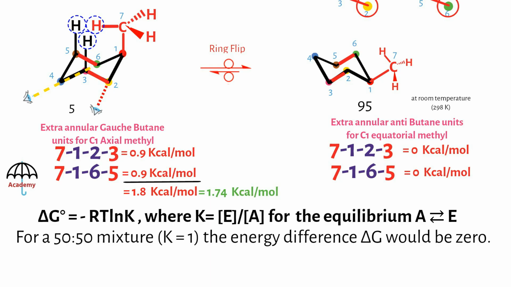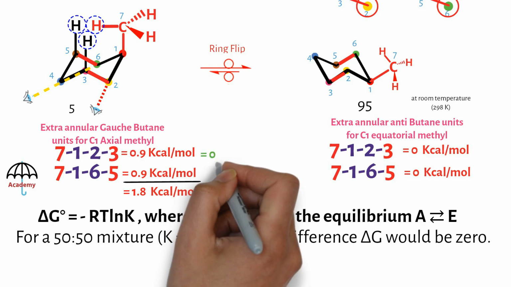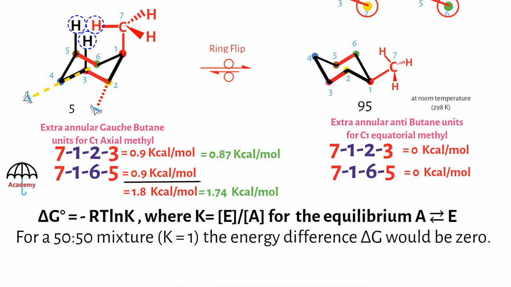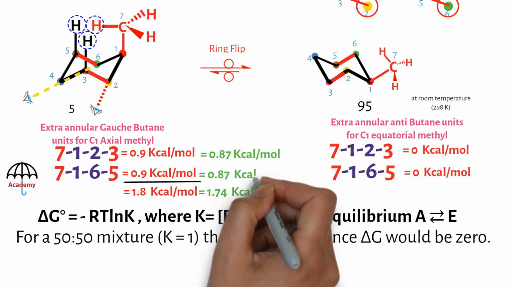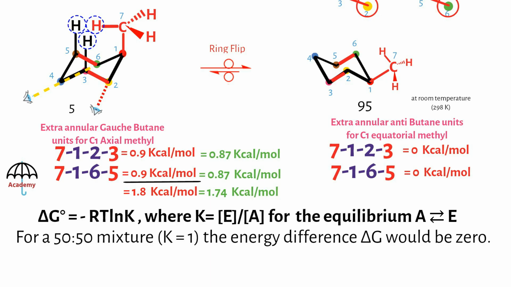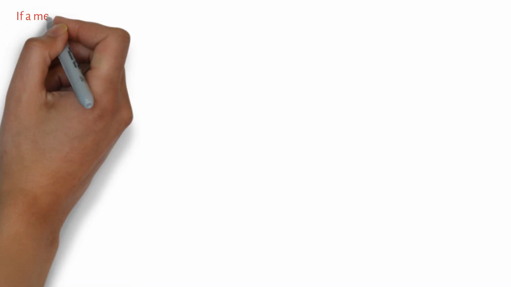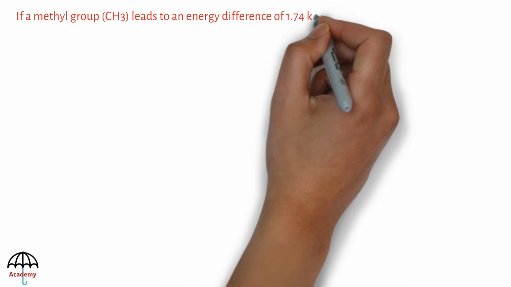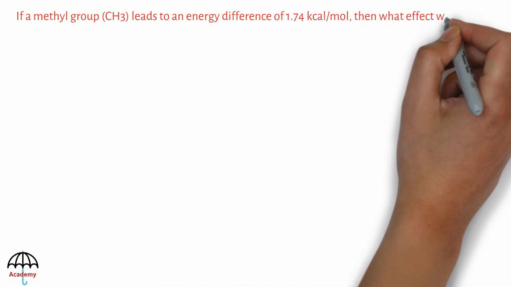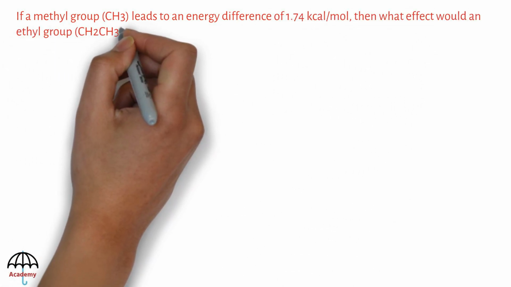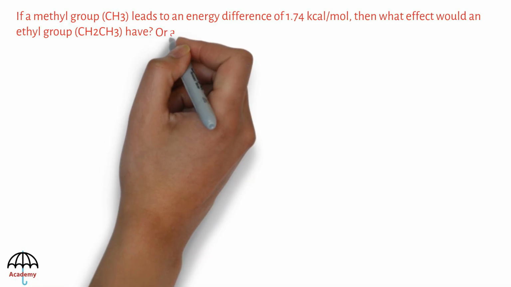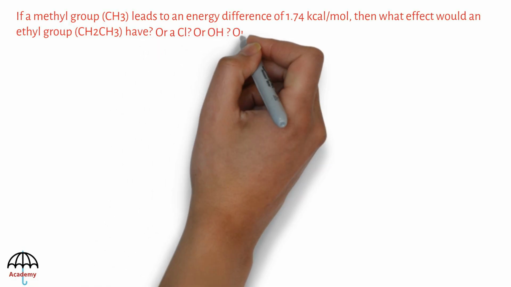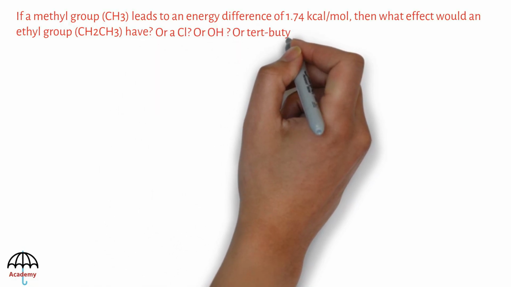Since there are two gauche-butane interactions, each gauche-butane unit raises the energy by 0.87 kilocalories per mole. Now the question arises: if methyl group leads to an energy difference of 1.74 kilocalories per mole, then what effect would an ethyl group have? Or chlorine, or hydroxyl group or tertiary butyl group?